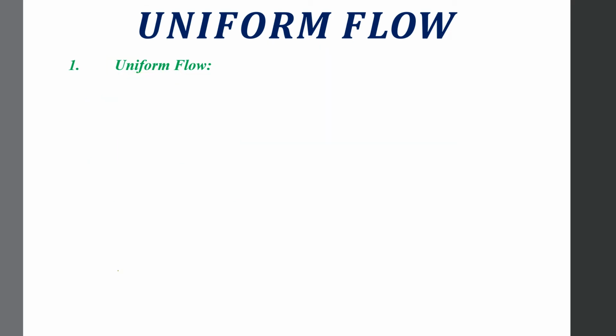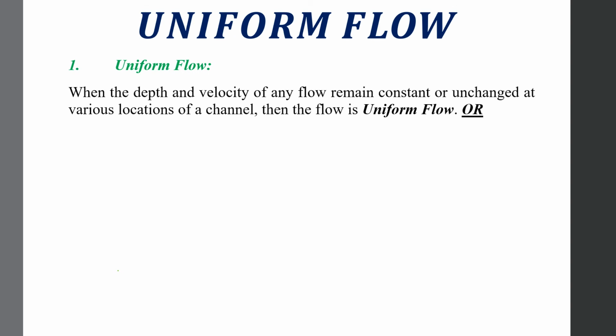So what is the basic or correct definition of uniform flow? This is the same as I elaborated in the figure. Depth and velocity are both basic parameters of flow. First one is depth and second is velocity. When the depth and velocity of any flow remain constant or unchanged at various locations of a channel, various locations meaning with respect to distance, at 100 feet from one point to another, at 1000 feet or any other distance, then the flow is known as uniform flow.